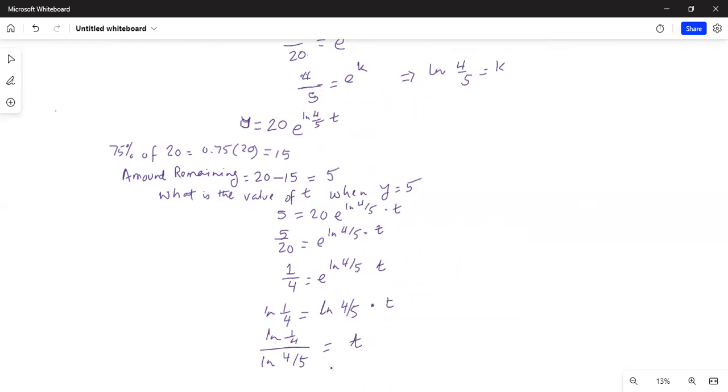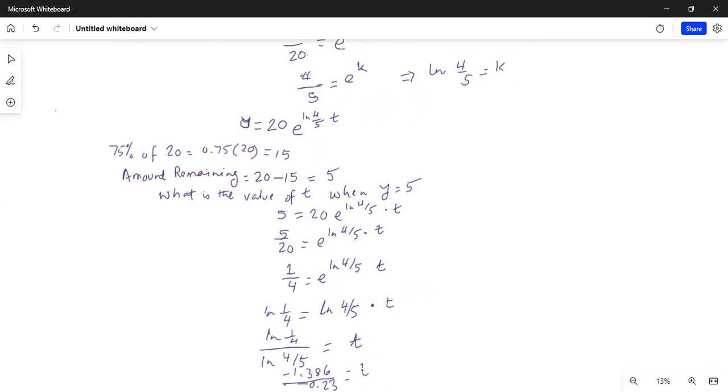So now we have to use our calculator. ln of 1/4, being 0.25, is equal to minus 1.386, divided by ln 4/5, which is ln of 0.8, and that's equal to minus 0.223.